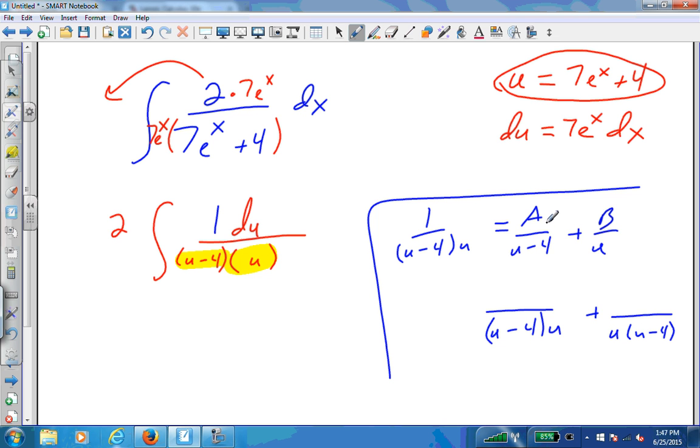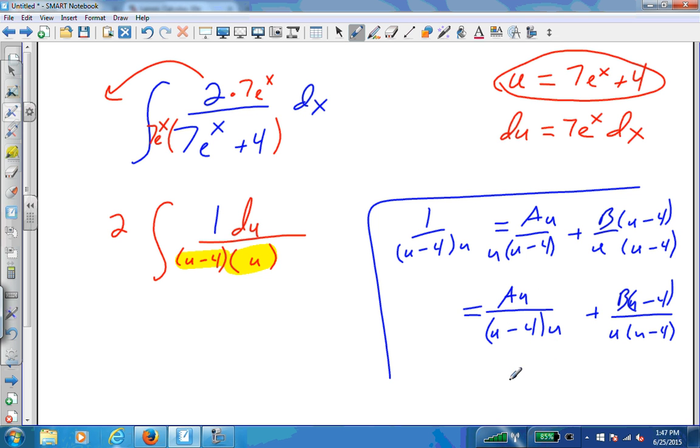So the first one is missing a u on top and bottom to have that common denominator. The second one is missing a u minus 4 on top and bottom to get our common denominator.